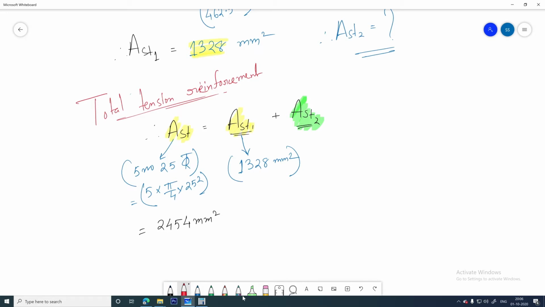So AST2 will become 2454 minus 1328, and that is equal to 1126. Okay, this is the value of the AST2.